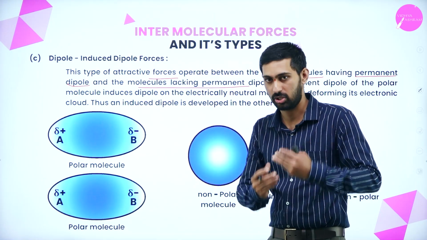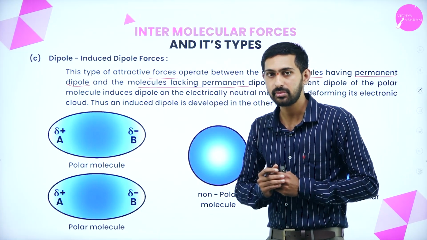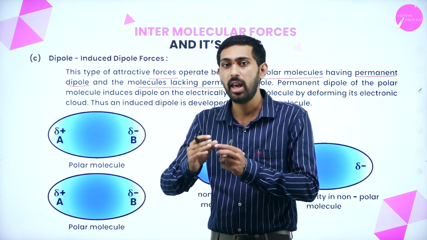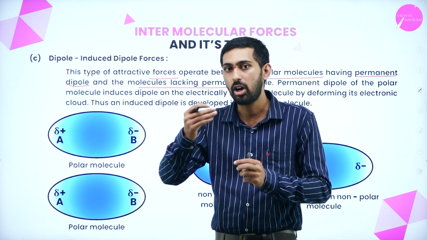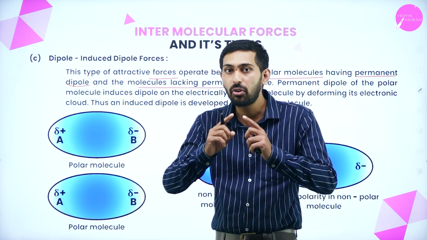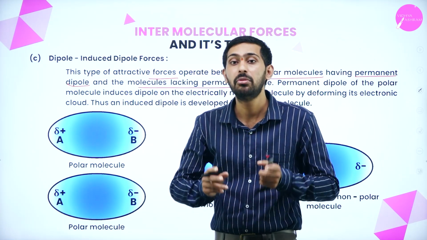One charge has been lost. Then such types of molecules interact. One molecule will have a permanent dipole moment, another molecule has lost one electron. If it lost one electron, what will happen? It will not have a permanent dipole moment, right? So it's a force of attraction between two molecules which have such features.